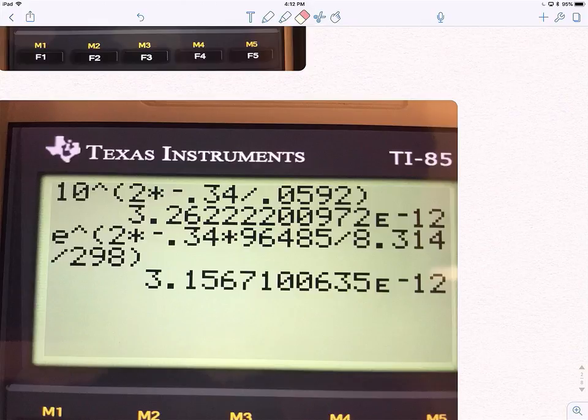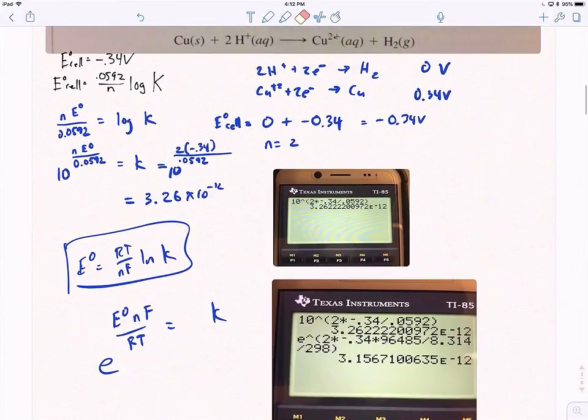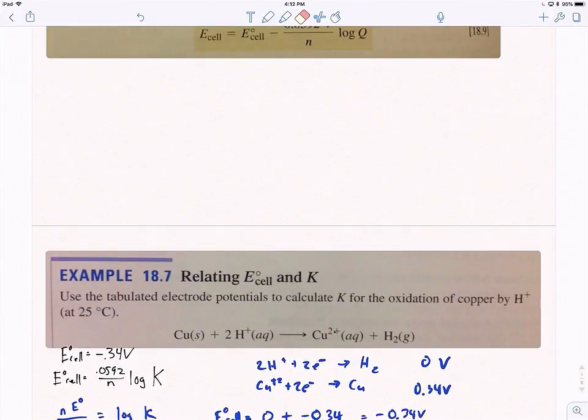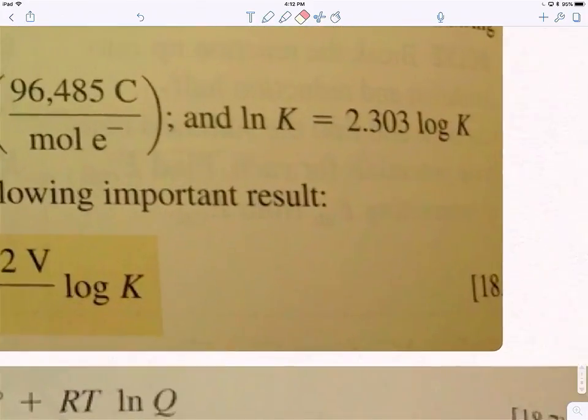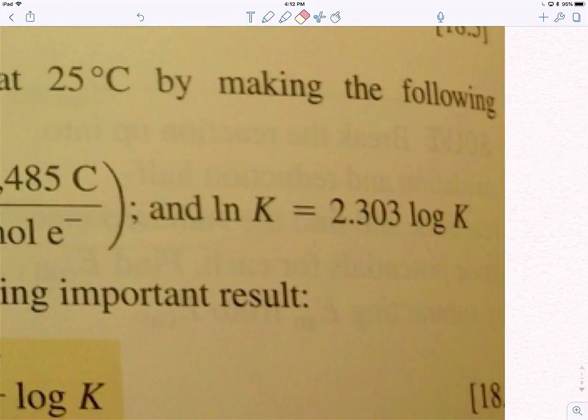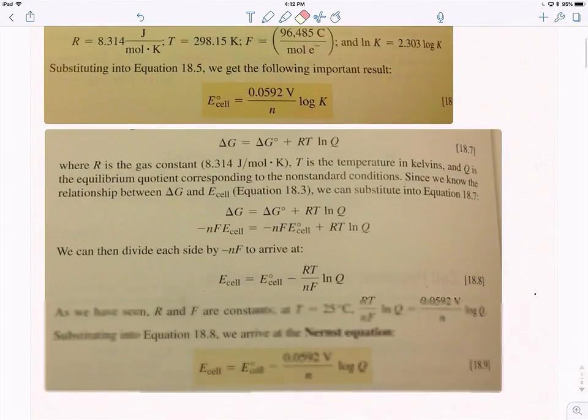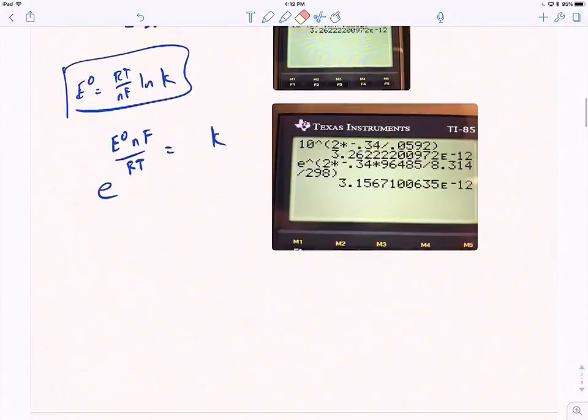They're close, right? You can see that they're close. The little bit of an error is in this step here, when you have the natural log of K as 2.303. That skews a little bit and causes what's called a truncation error, because you truncate that term.